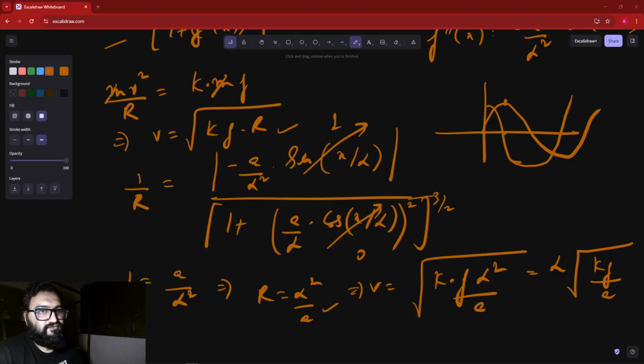If my velocity is lower than this value, then my frictional force in that case will never be equal to k times mg. It is going to be less than that, because even in case of maximum curvature, the centripetal force required would be less than k times mg only.